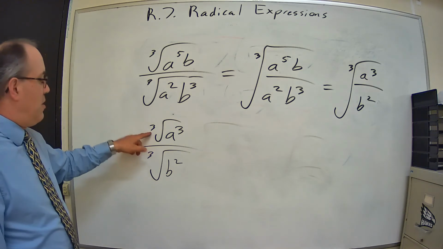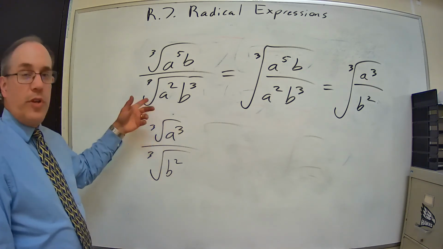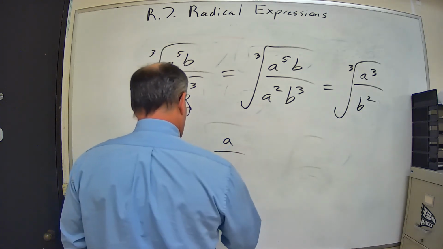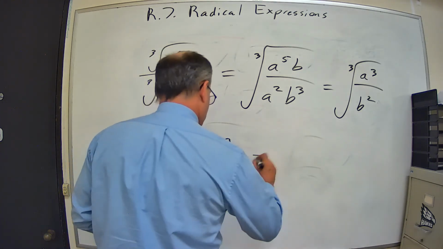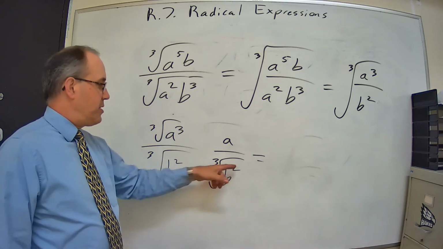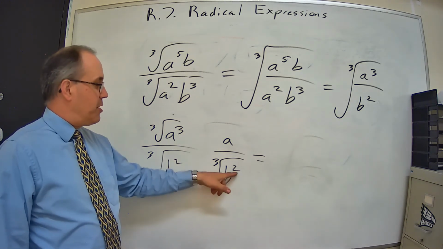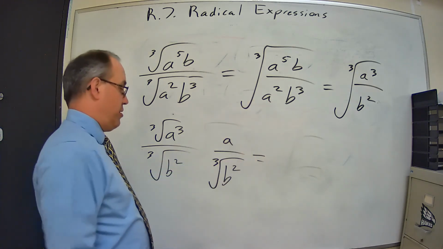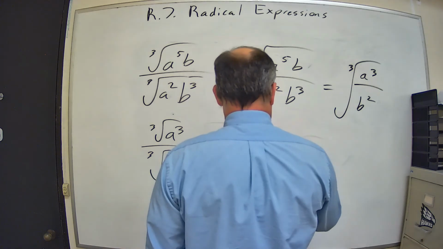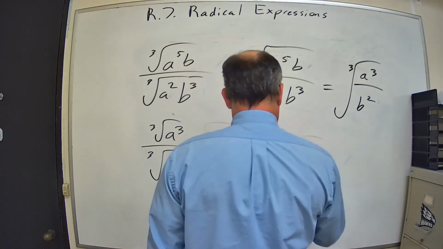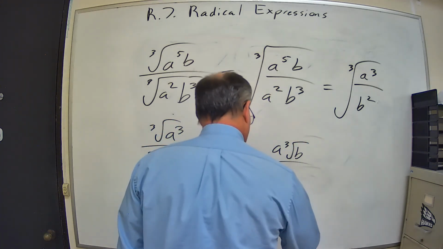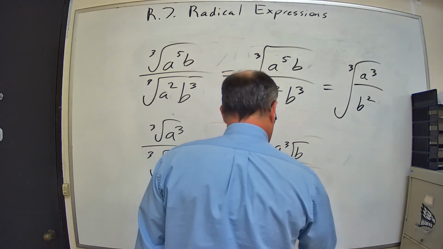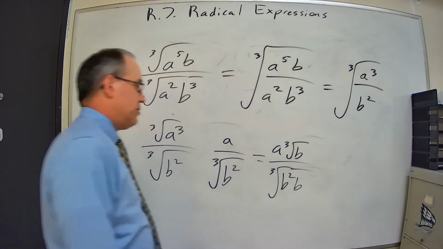First of all, if I have the cubed root of a cubed, we know we can cancel that out. So we have a over the cubed root of b squared. So if I want this to cancel that, I've got b squared, I just need to multiply by the cubed root of b. I just need another b in there. So I can say a cubed root of b over the cubed root of b squared times b, which is b cubed.